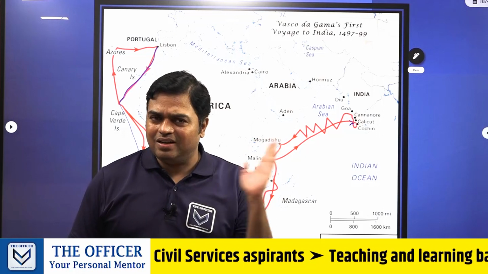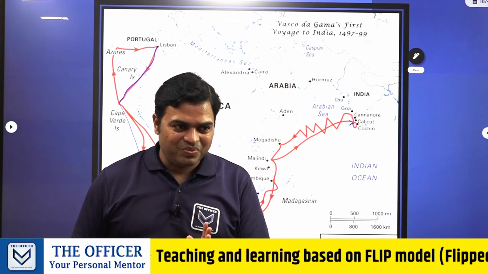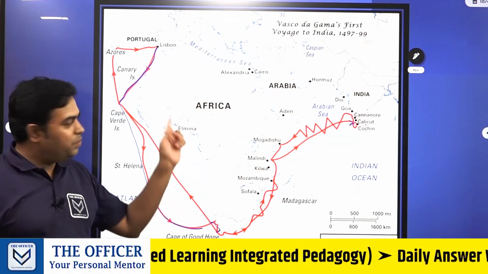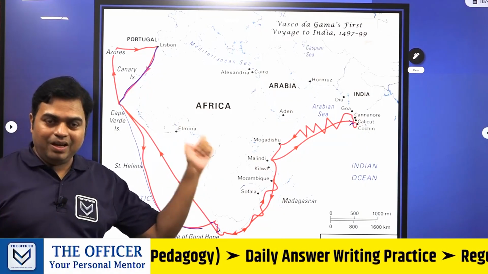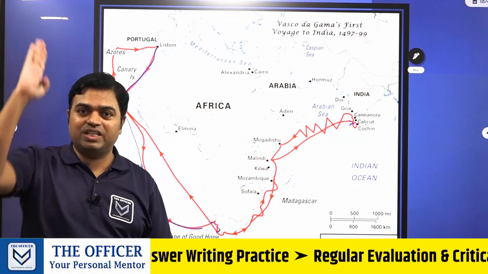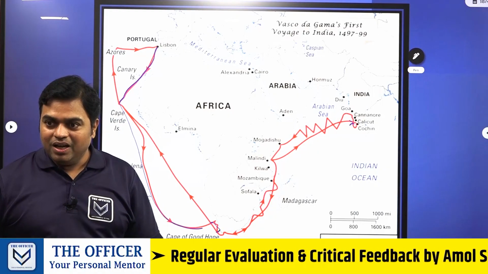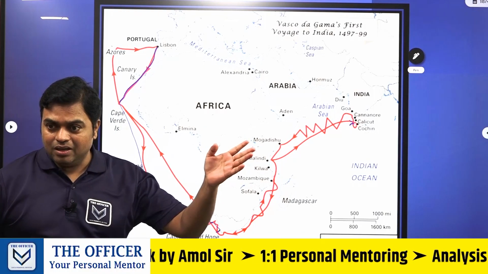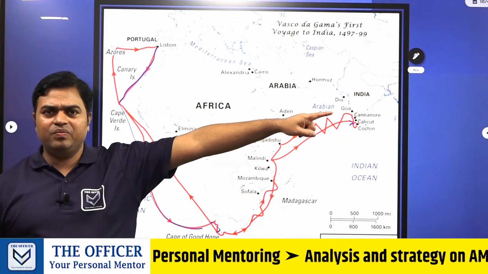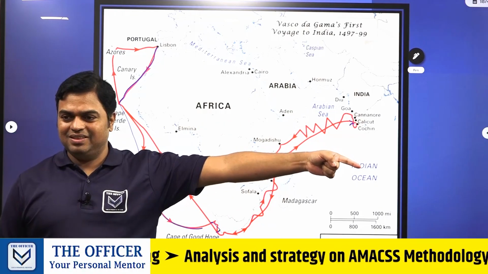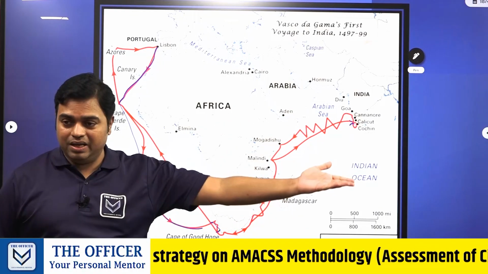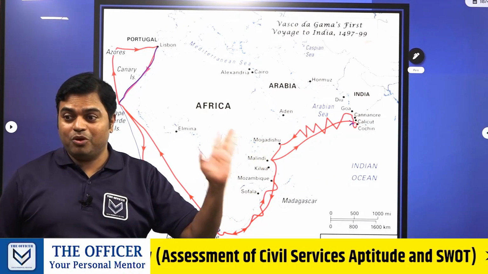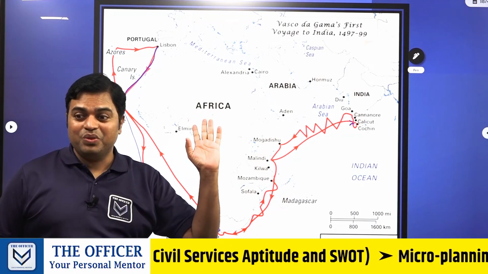What is today's stock exchange? Today's stock exchange emerged during this time. The people of Denmark formed the world's first stock exchange, where they provided an opportunity to the traders: go trade with the country, we will take your risk. But in lieu of that risk, we will also take a share of the profit.